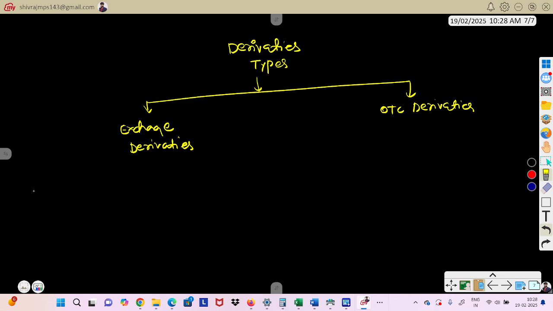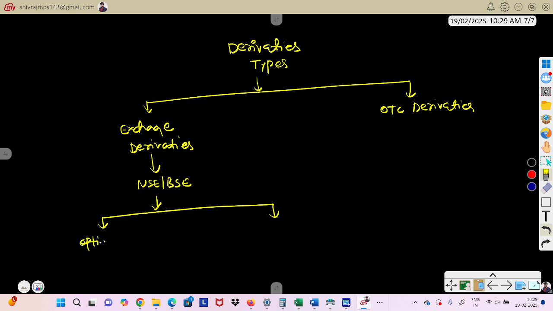But if I talk about exchange, it means you cannot execute contracts outside of the exchange. We have two exchanges: NSE and BSE, National Stock Exchange and Bombay Stock Exchange. Let's now discuss what the exchange derivatives are, which exist on the exchange.